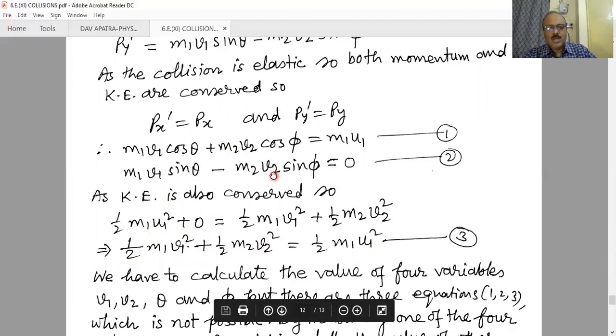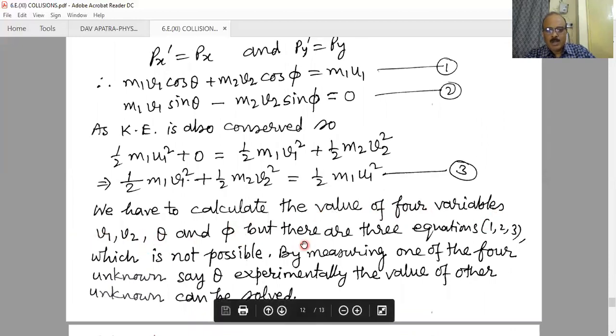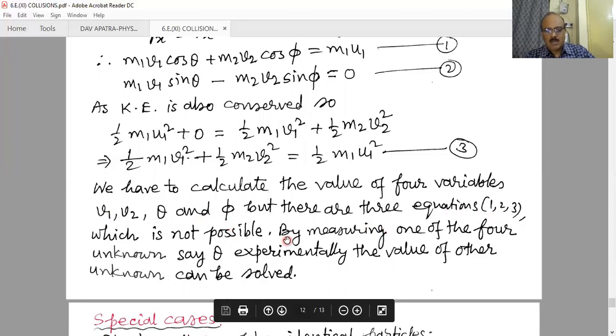Now there are four unknowns. Be careful: theta, phi, v1 and v2. But we have only three equations. We have to calculate the values of four variables, but there are only three equations, which is not possible. By measuring one of the four unknowns, say theta, experimentally, the values of the other unknowns can be solved.